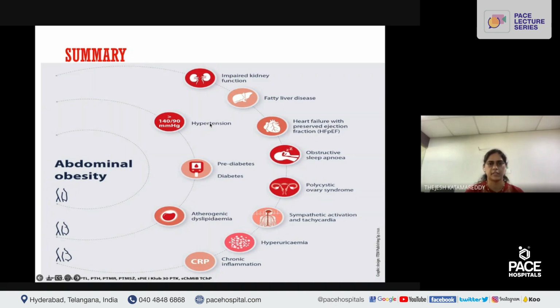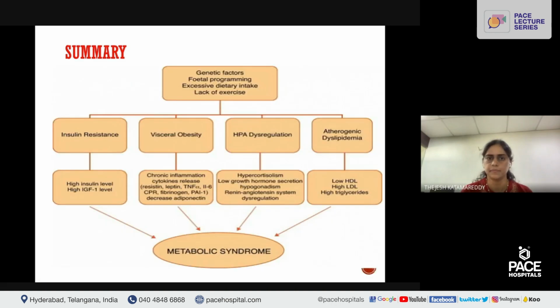These are the criteria for diagnosis of metabolic syndrome, which finally lead to all these diseases which we have discussed already. So the main factors are insulin resistance, obesity, hypothalamo-pituitary axis dysregulation, and dyslipidemia. All this will lead to insulin-resistant chronic inflammation and changes in the hormones, and all these things will lead to metabolic syndrome.